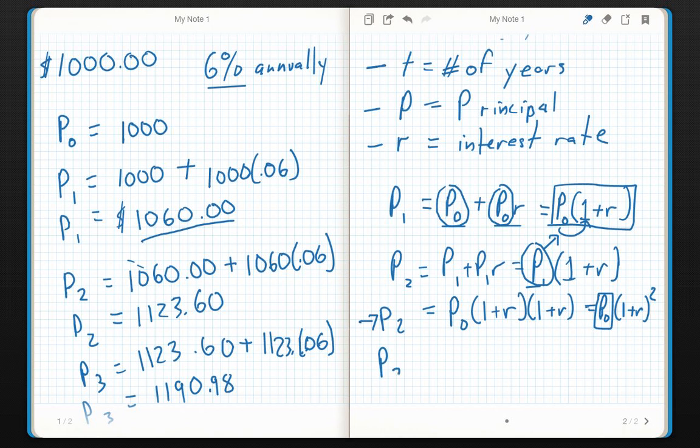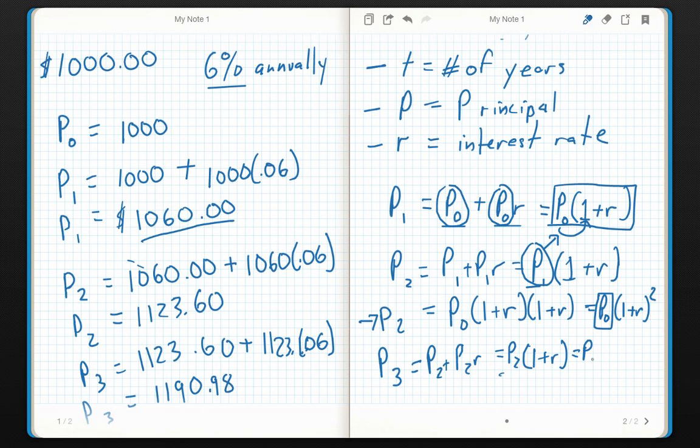So P3, if we wanted to break it down, is going to be P2 plus P2R, so it's P2 times 1 plus R, which in P2 we already figured out was equal to P0 times 1 plus R squared.